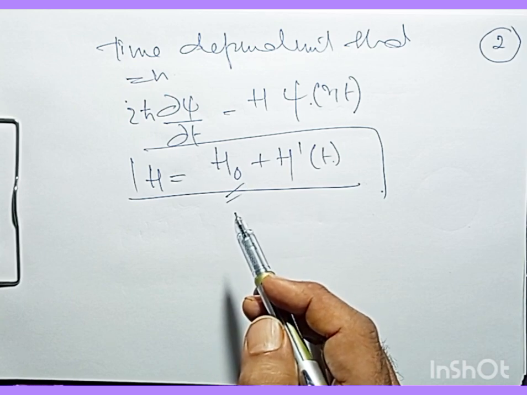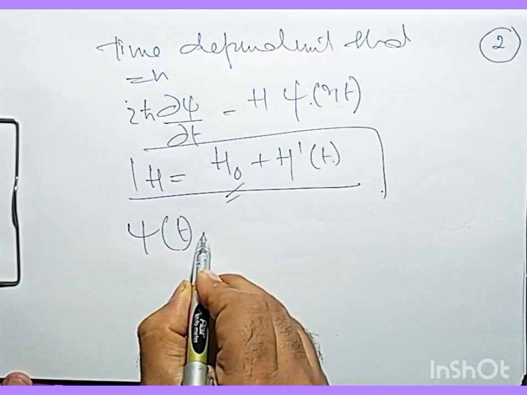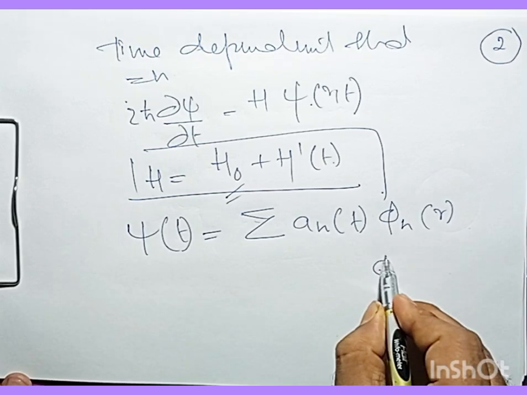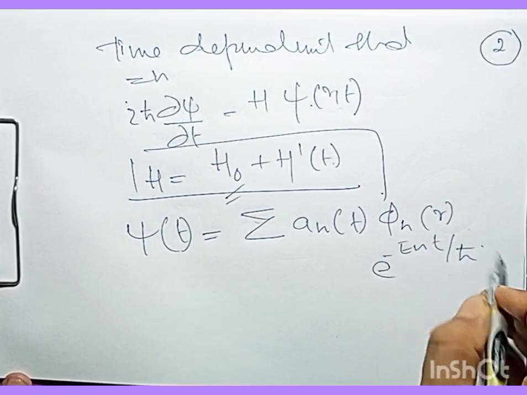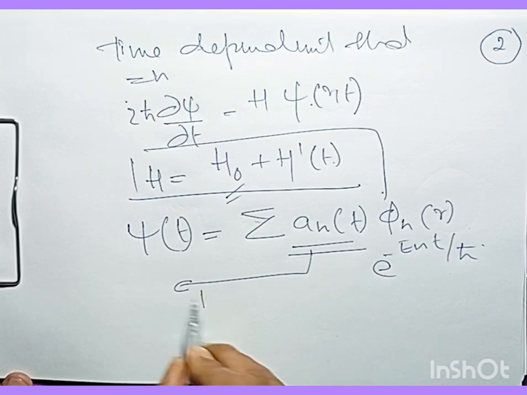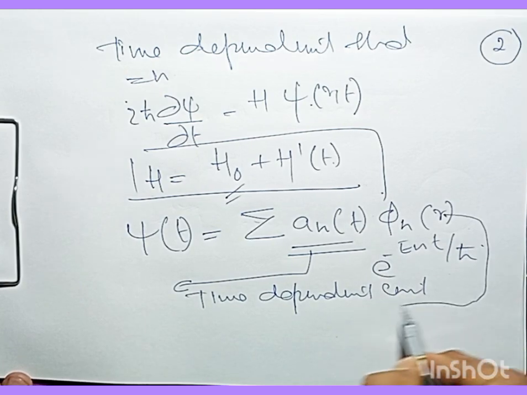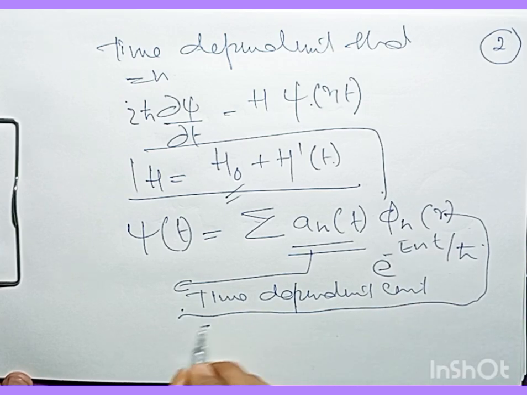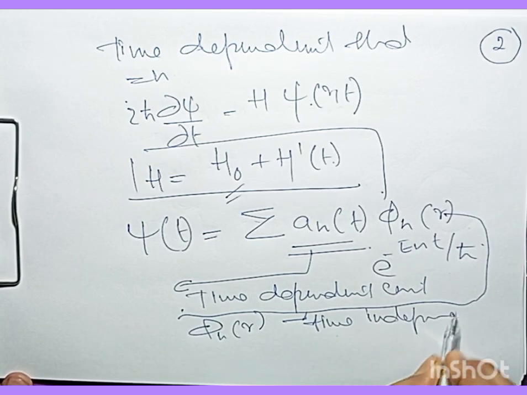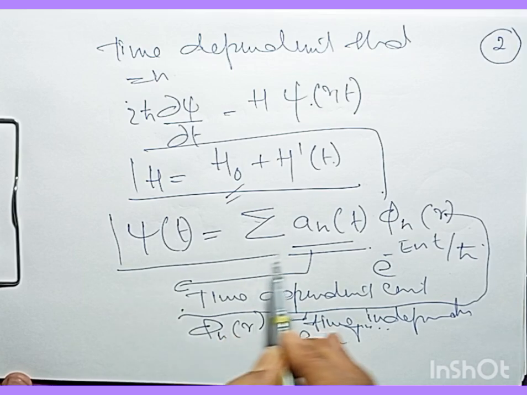So we take ψ of r and t as the sum over n of a_n of t, φ_n of r, and e to the power of minus i E_n t by h cross, where this a_n of t is the time-dependent coefficient, and this φ_n of r is the time-independent function.